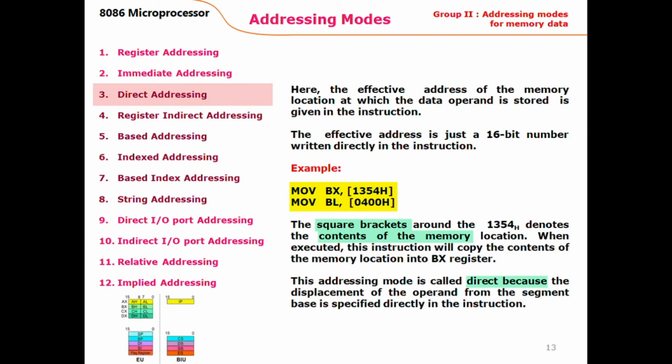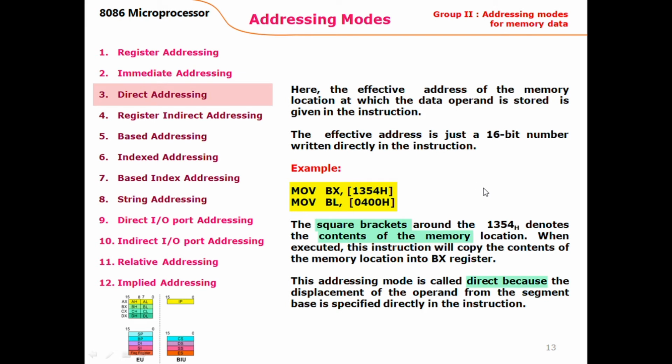Now we are ready to understand memory addressing modes. The first addressing mode is direct addressing. In this addressing mode, the effective address of the memory location at which the data operand is stored is given in the instruction.